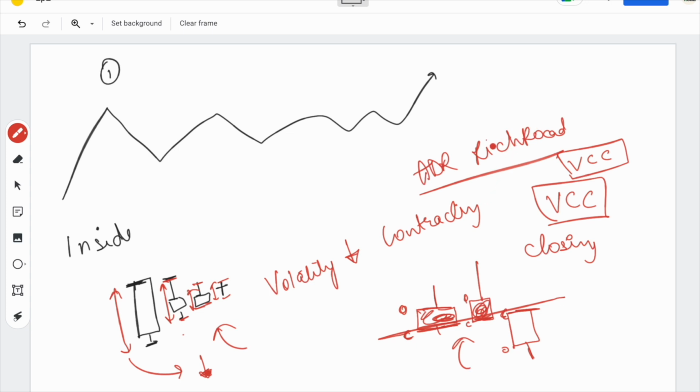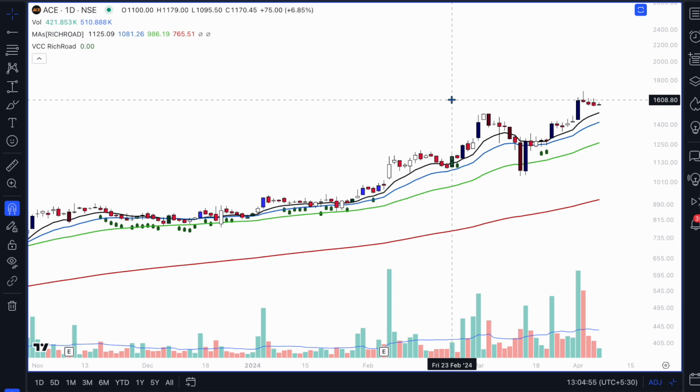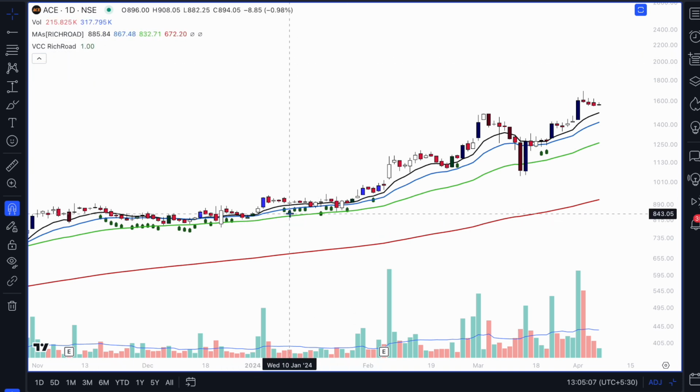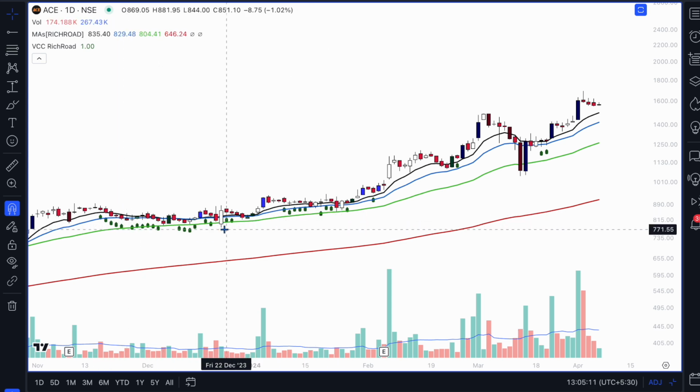But now what we are going to do is have a look at the indicator and how it helps me. So now we are at the screen and we are watching a stock with the indicator turned on. This is the indicator, VCC Rich Road, and this is how the buy signals will come. Now you will see that there are a lot of buy signals.